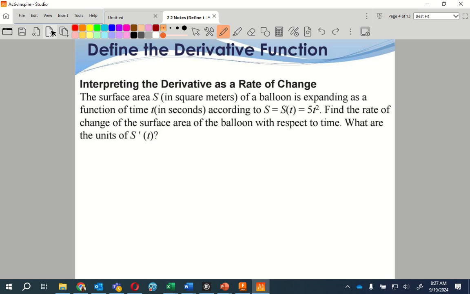S, units squared, of a balloon expanding as a function of time, seconds. So I get S of t equals 5t squared. Find the rate of change of the surface area of the balloon with respect to time. What are the units of this?